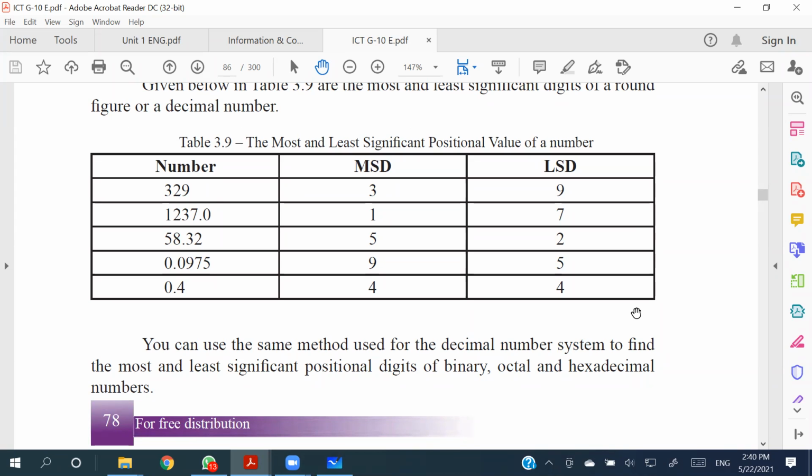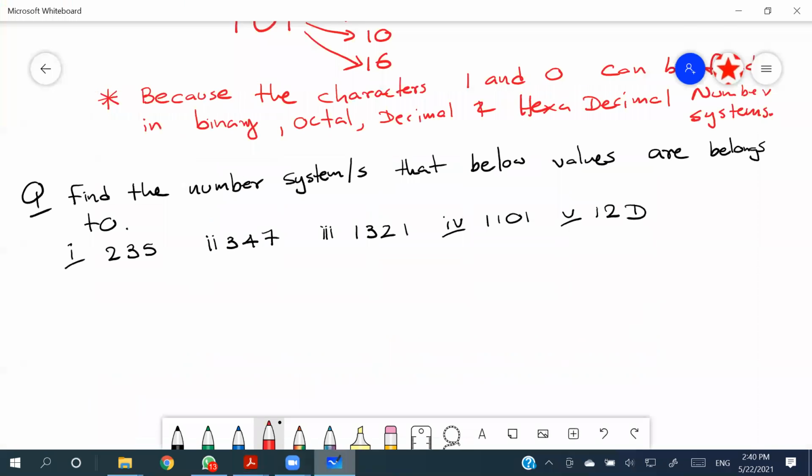And when it comes to a value which has fractional parts, let me elaborate.